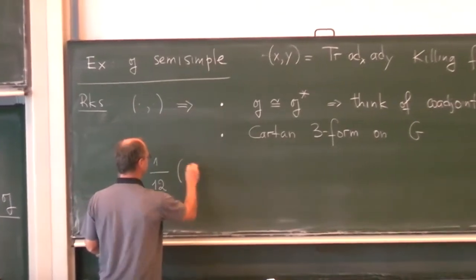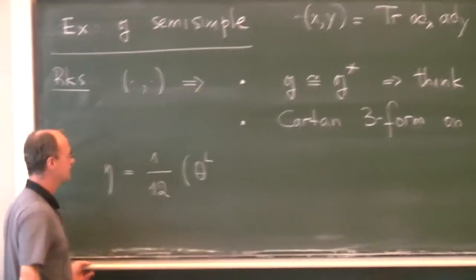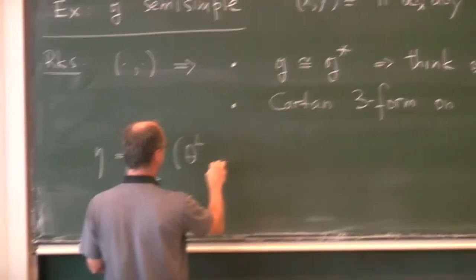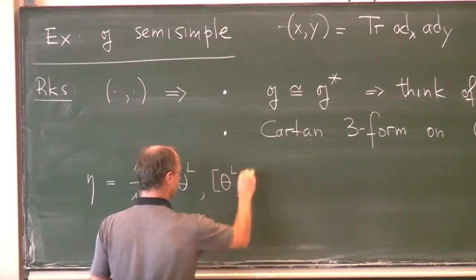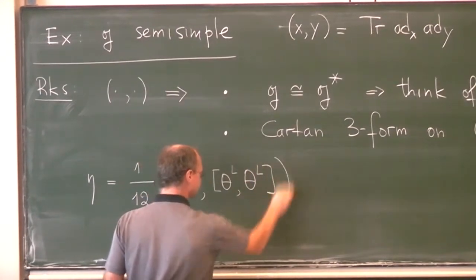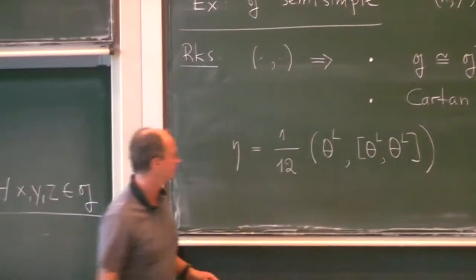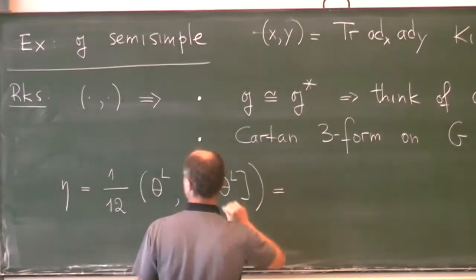Here one takes, for instance, the left invariant Maurer-Cartan form, and pairs it with the bracket of the left invariant Maurer-Cartan forms.